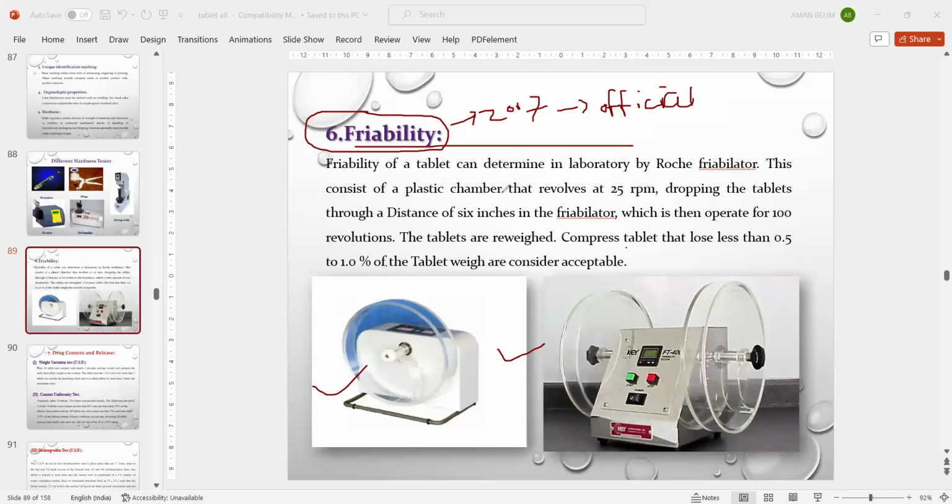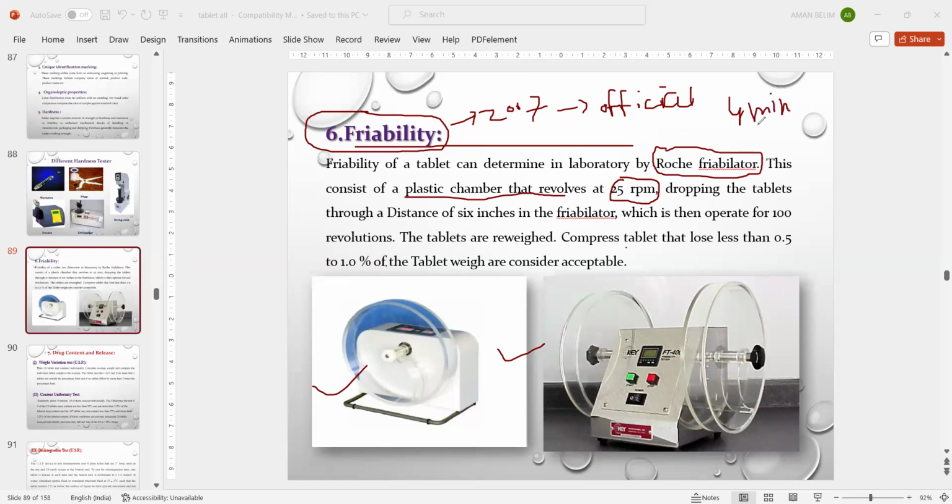And which instrument is used in case of friability? It is the Roche friabilator, right? It consists of a plastic chamber. What is important to note is that it rotates at 25 RPM and is generally run for 4 minutes.